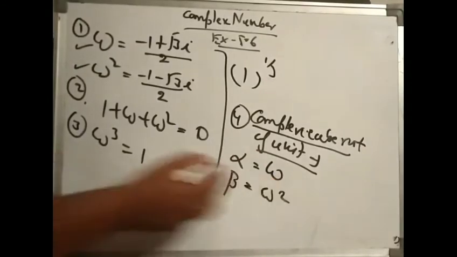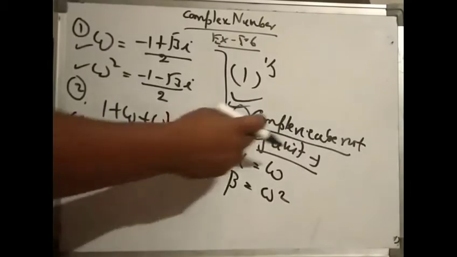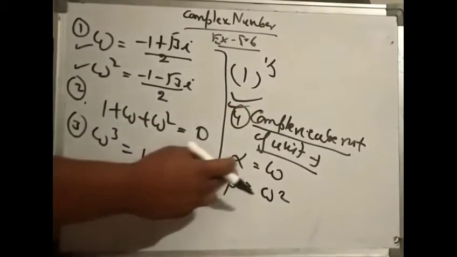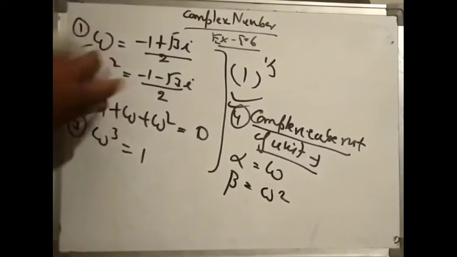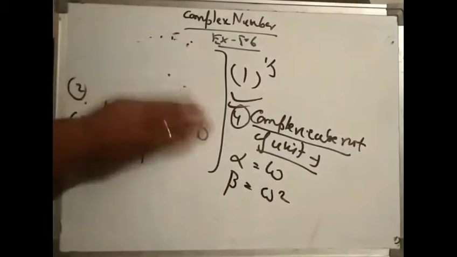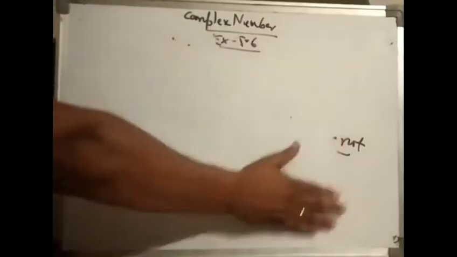That's it. It's very, very important. In case of complex cube roots of unity, in place of alpha we write omega, in place of beta we write omega square. In exercise 5.6, simply follow these terms.